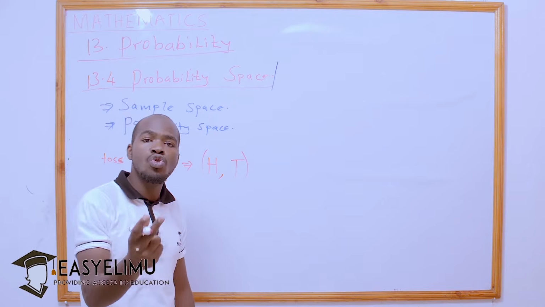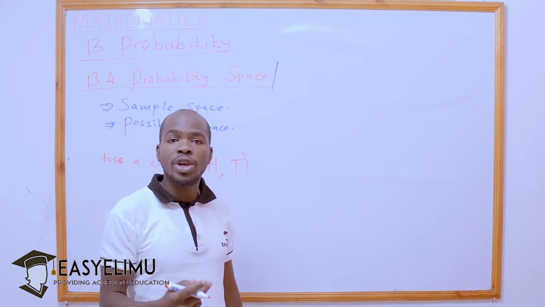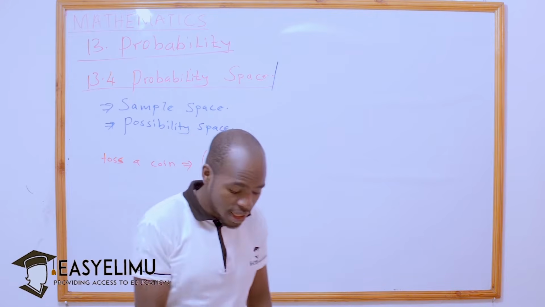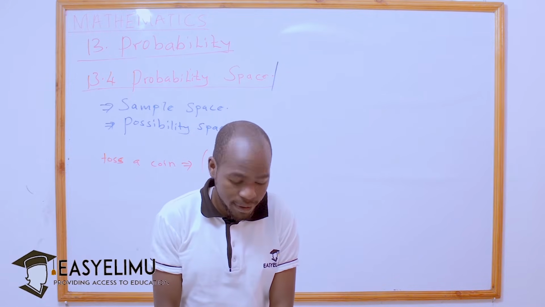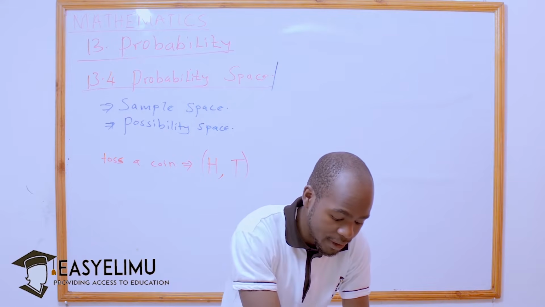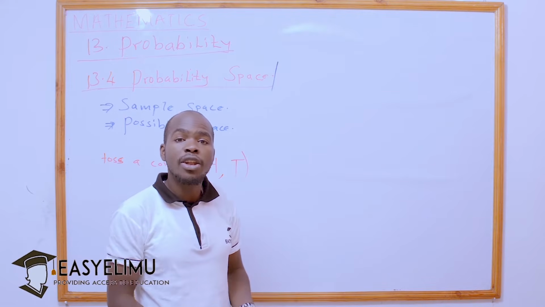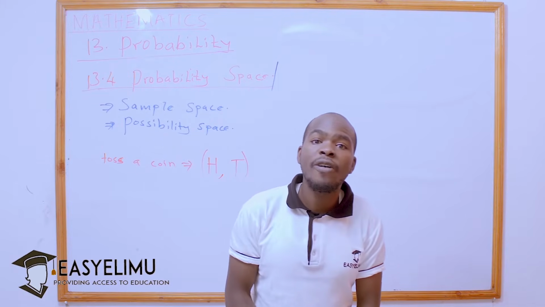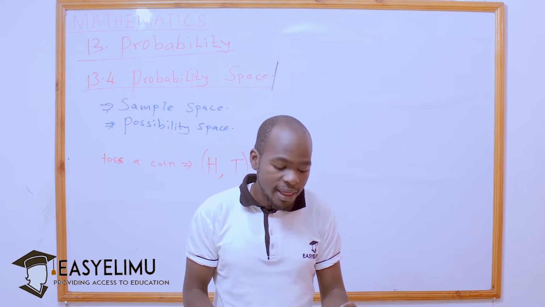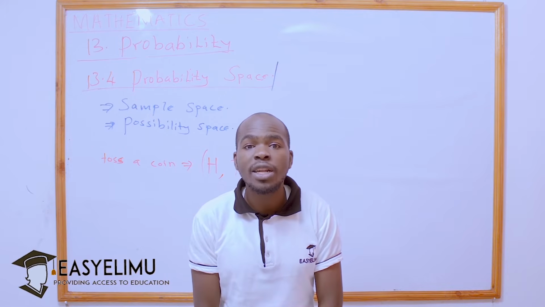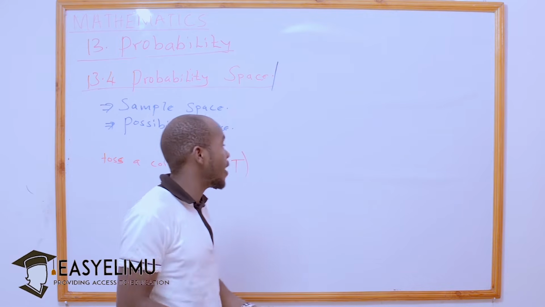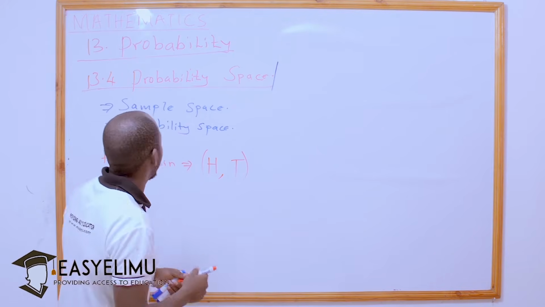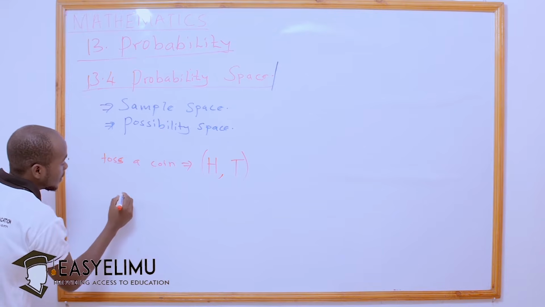And if you have two coins being tossed together, meaning you have one coin on one side and another one like this, then you throw them together and find out, after they fall, what the sample space is. You will find that we are likely to have 4 sample space outcomes.